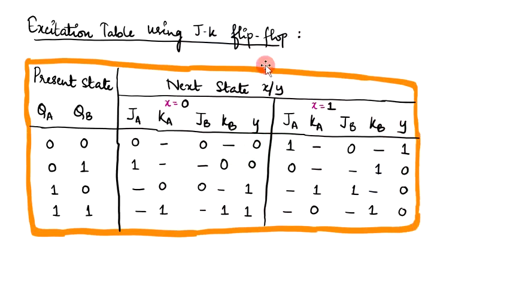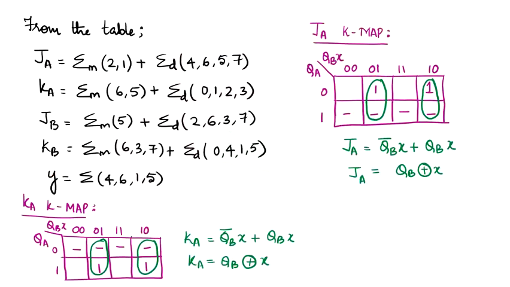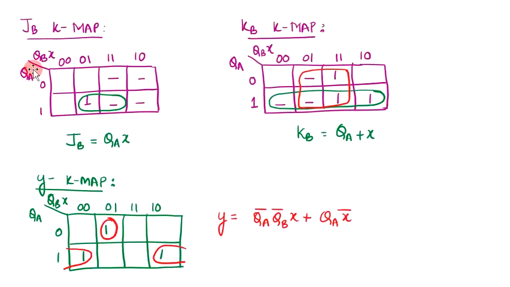Once these contents are filled, you are going to write the expressions for JA, KA, JB, KB, and this way you can obtain the shorthand decimal notation, simplify the Karnaugh map for JA, KA, JB, KB, and for the output variable Y.